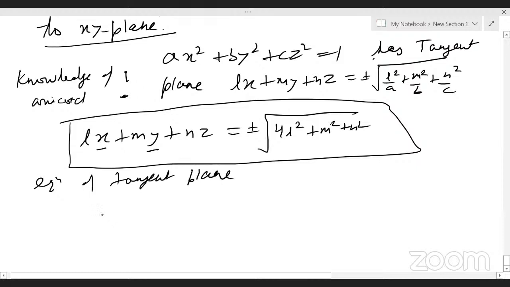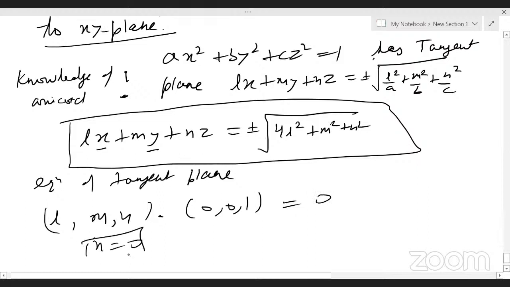So if it were perpendicular, (l, m, n) dot (0, 0, 1) must be 0, that is, n equals 0. Because it is not perpendicular, this implies n cannot be 0.